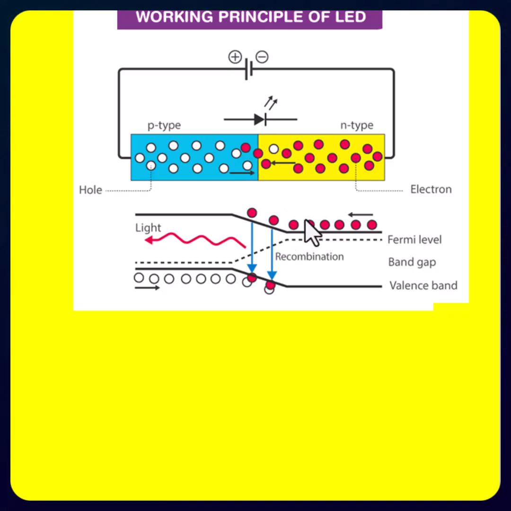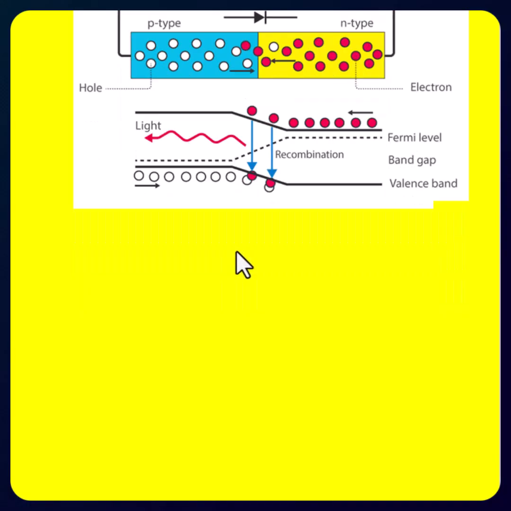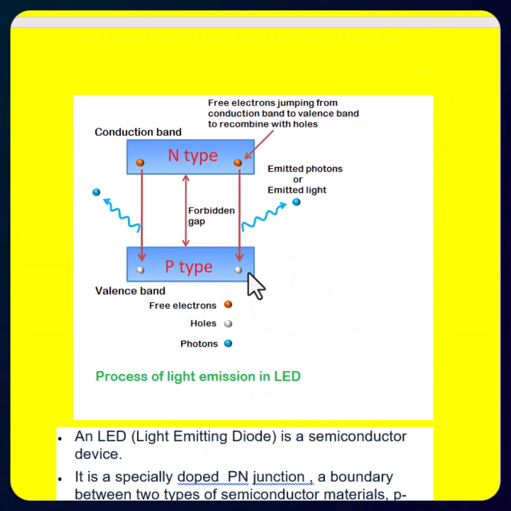And we can see here like this, this is called the depletion layer or the junction between the P and N. So when sufficient voltage is applied between P and N, due to the recombination of the electrons and holes at the junction, it releases the energy like this. And it can also be shown simply like this.